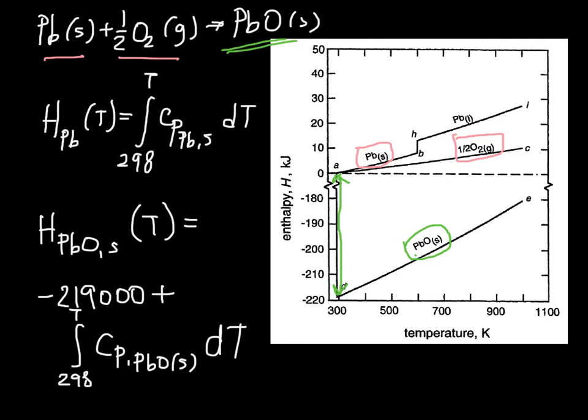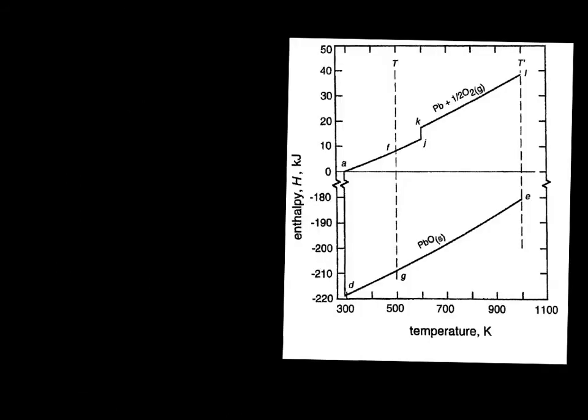So let's say that we want this at some temperature over here around 500 K. How do we find that? Or if we want it up here after lead has melted, how do we find that? Let us look at this plot in a slightly different way to try to answer that question. So this shows now, instead of separate lines for the reactants, just one line.